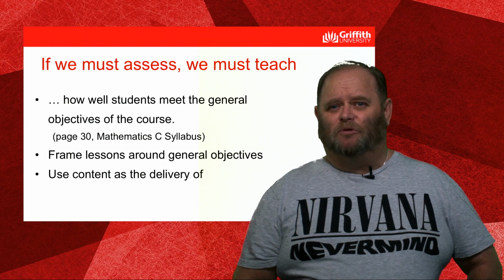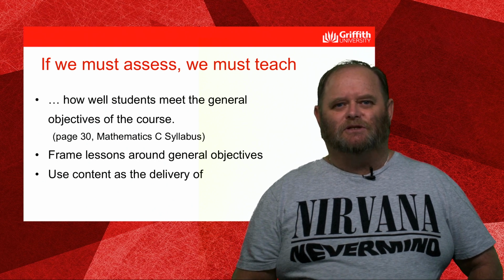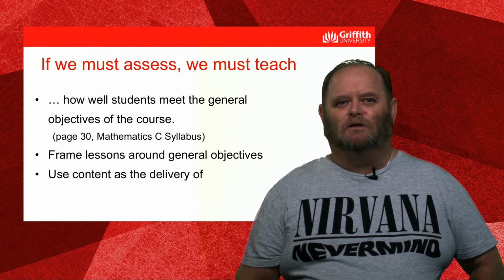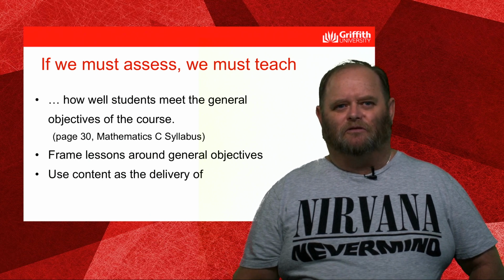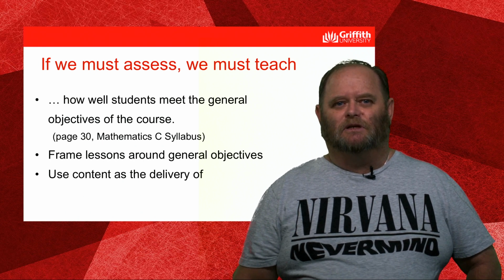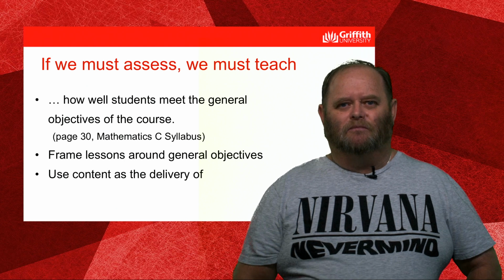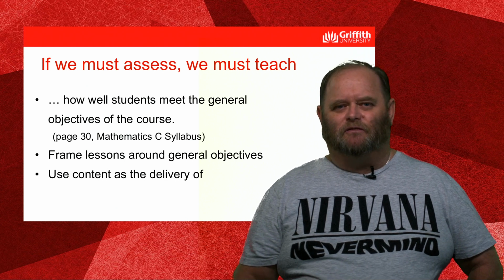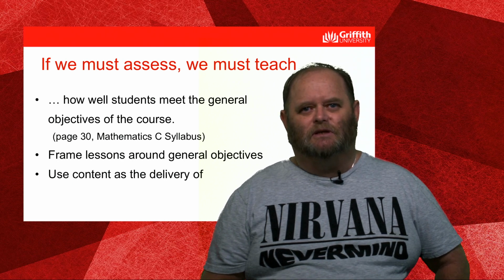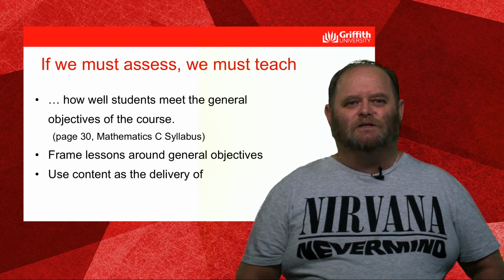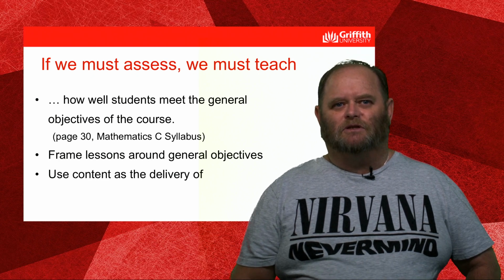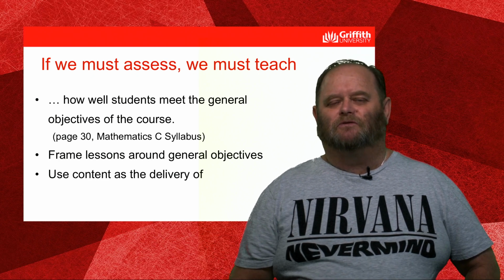Now, I think it's important that if we're going to assess students on the general objectives, and this is going to come up in our assessment unit a little bit further through the course, we've got to teach it, and we've got to be explicit in how we do that. I've just done a little extract there from the Maths-C syllabus on page 30, and it says what we're really doing is making judgments on how well the students meet the general objectives of the course.